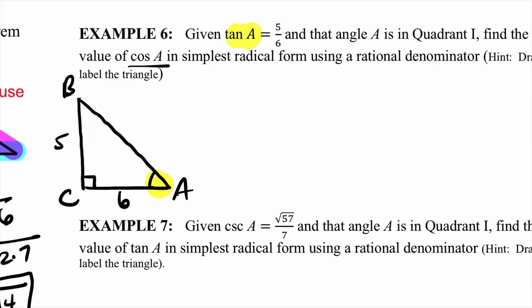And adjacent to A, there better be a 6. Otherwise, it won't work. Now, I don't know the hypotenuse, so I'm going to put an X there. They don't tell me that information. Okay, so that's the given part, right? They already gave me that. So now what's the question? The question is, what is cosine of A?